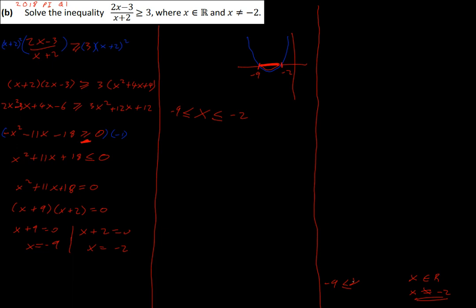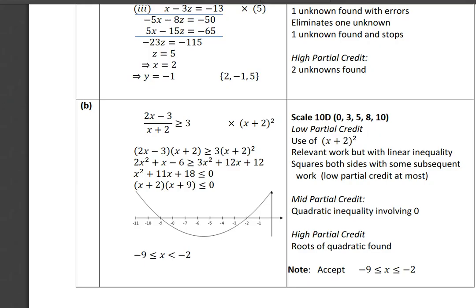So I'm going to rewrite that bit as less than minus 2, because I cannot have it equal to minus 2. Now let's have a quick look at the marking scheme and see how we get on.